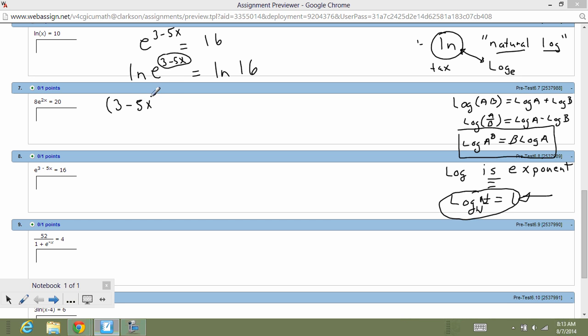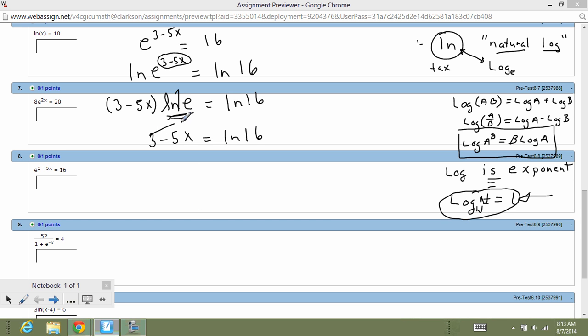That is a quantity. You want to remember that. And there's your natural log of e again. What's going to happen to that? That, of course, is going to be a 1. So we have 3 minus 5x equals natural log 16.